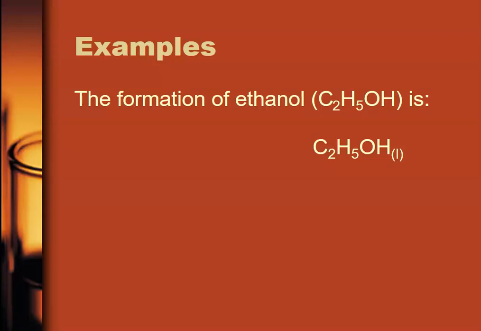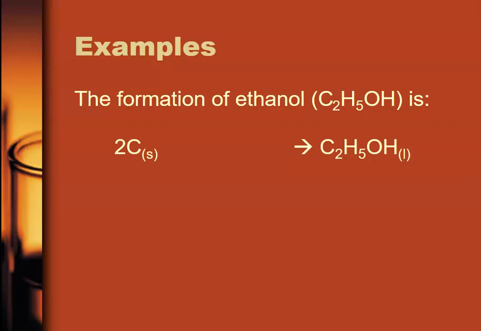So what are the elements that make up ethanol? Well, to start with, we've got carbon. And at room temperature, carbon is a solid. We don't have a formula for carbon, so we're just going to call it carbon. What else have we got in there? Well, we've got hydrogen.